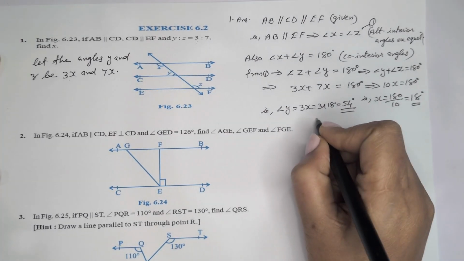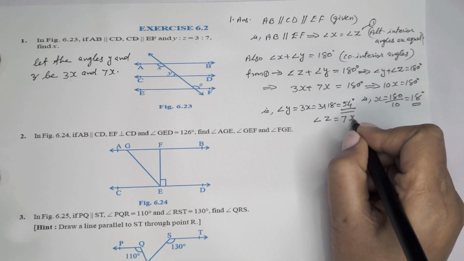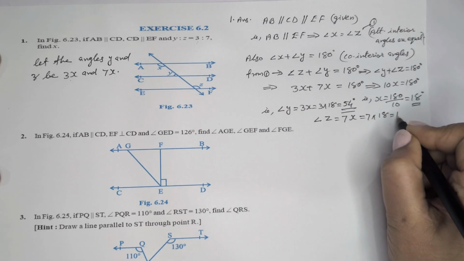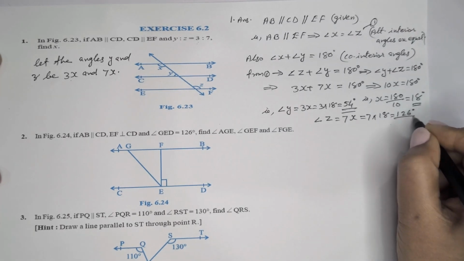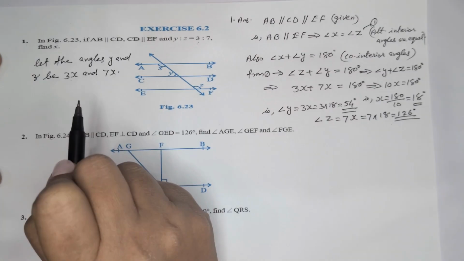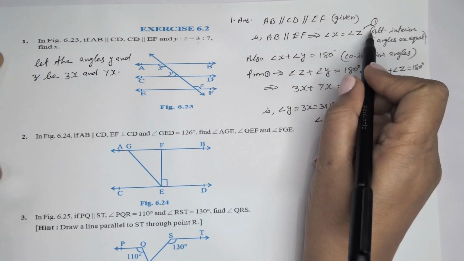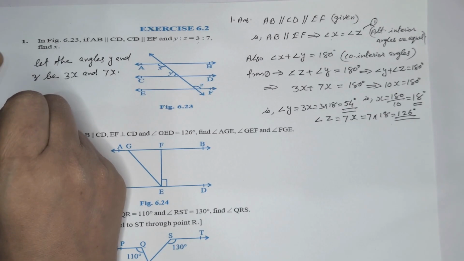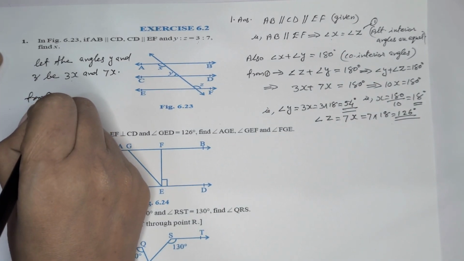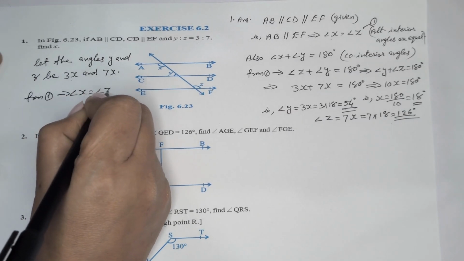54 degree. And angle z is equal to 7x. 7 into 18 is equal to 126. Now we got angle y and angle z. Now we have to find angle x, but we know that angle x is equal to angle z. So we can write from equation 1, angle x is equal to angle z.